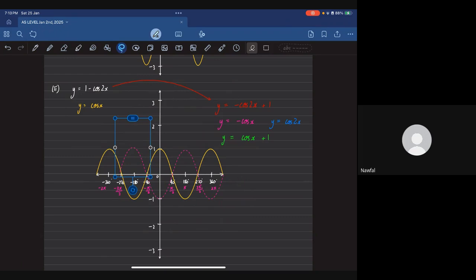So the graph would have looked like this for sure. Clear? Similarly, if it had only been adding up, like if the graph had been cos x plus 1, you would have just lifted the graph one step above. So the entire graph is going to be lifted above.